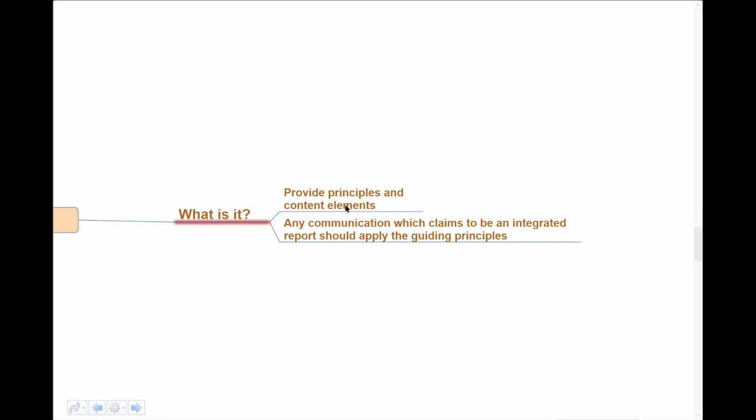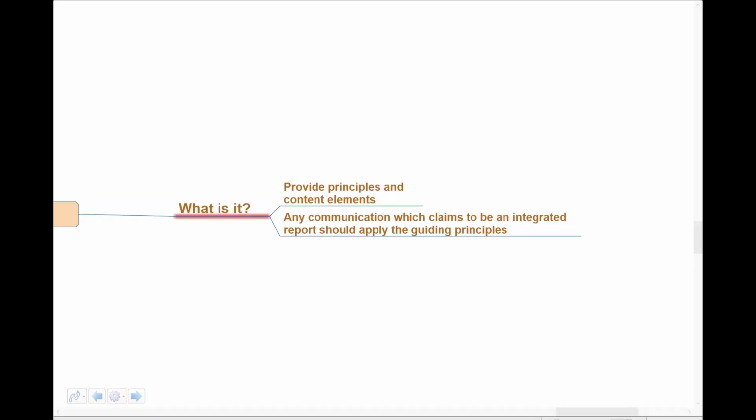Remember, this is all guidance because integrated reporting is not mandatory in any way. Linked into that, ideally, any communication, whatever it is, whether or not it's a fully blown integrated report or some sort of release under the title of integrated report, should apply these principles and should, broadly speaking, if it's a full report, certainly adhere to the content elements.